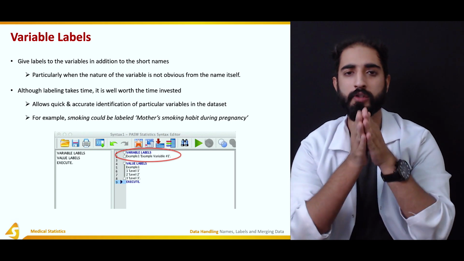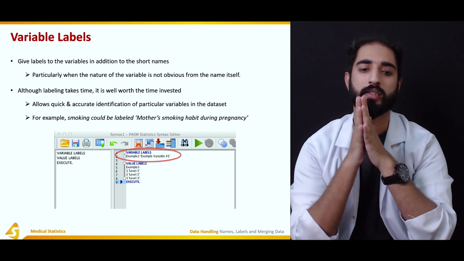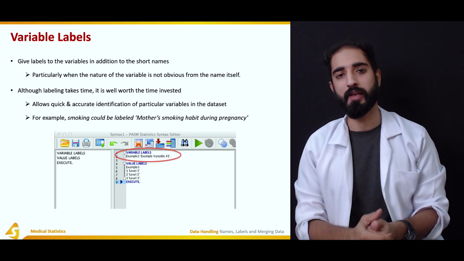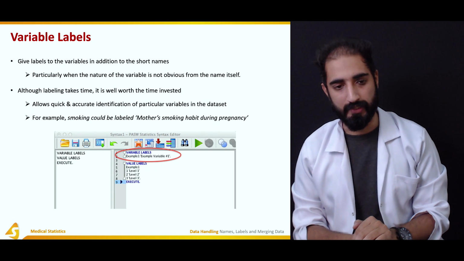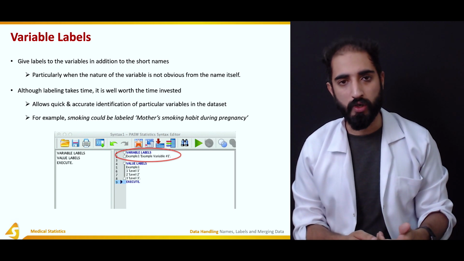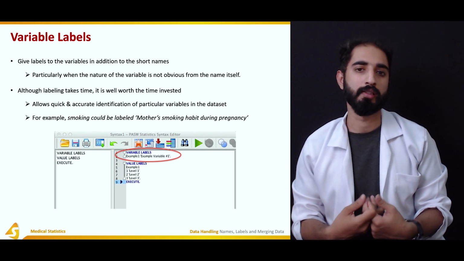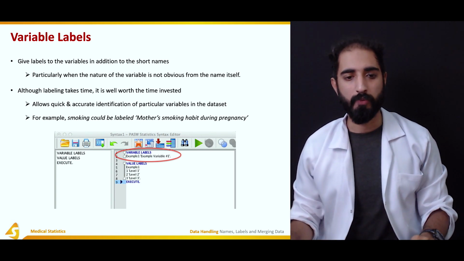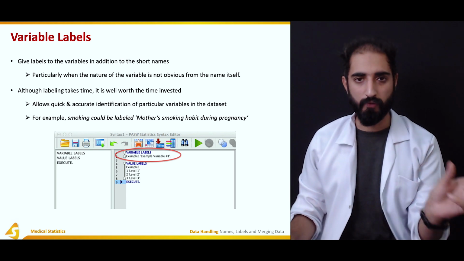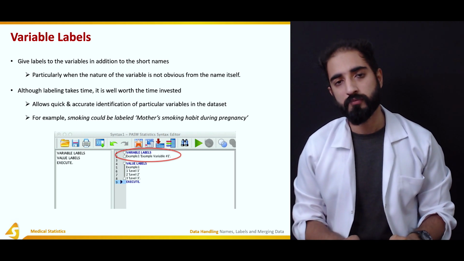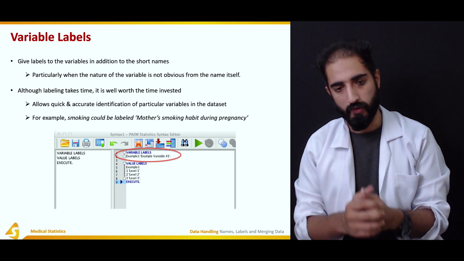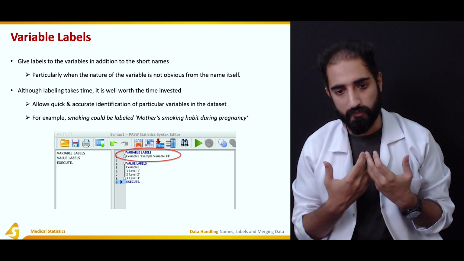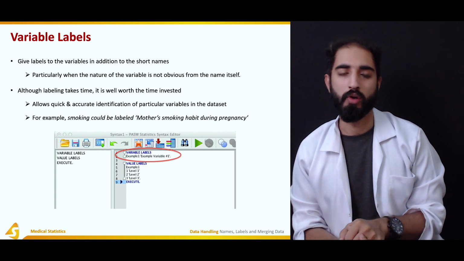Moreover, although labeling takes time, it is well worth the time invested, because it makes your analysis pretty easy. It allows quick and accurate identification of particular variables in the data set whenever you need them. Let's take an example. Smoking is the name you give to a certain variable, and actually it was the smoking habit of the mother during pregnancy.